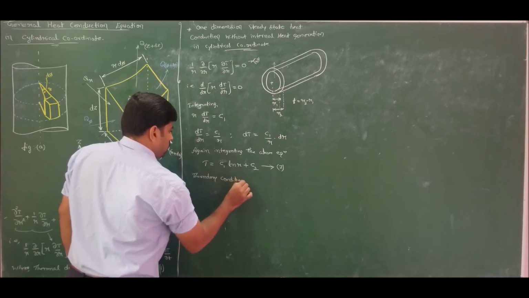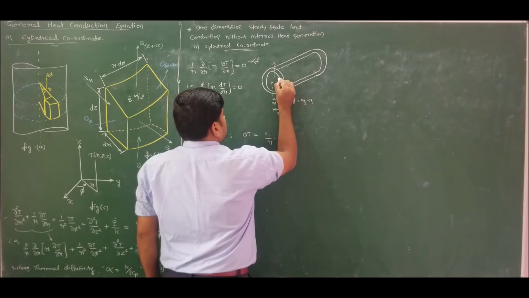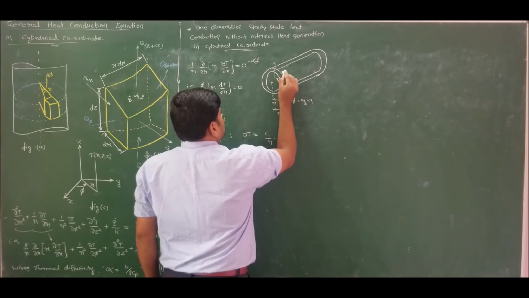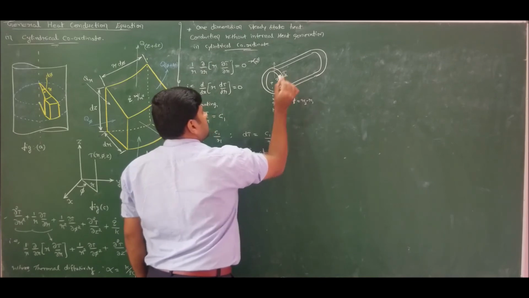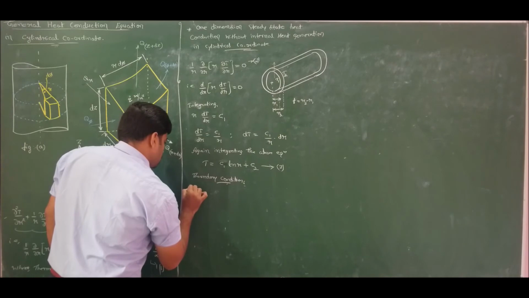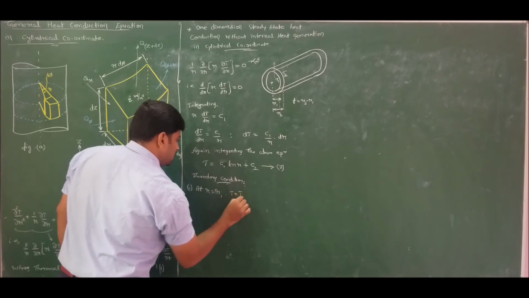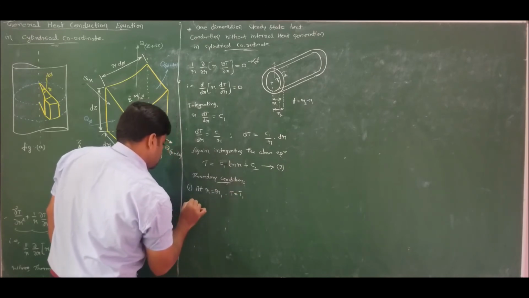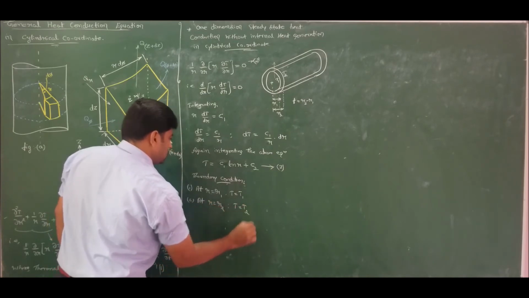The boundary conditions that I will formulate are, let us take temperature at R equal to R1, temperature is T1, at R equal to R2, take temperature as T2. So formulating the boundary conditions, first one, at R equal to R1, temperature T is T1, second one, at R equal to R2, temperature T is T2.